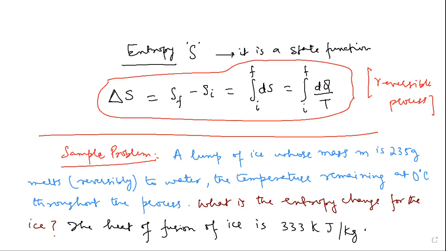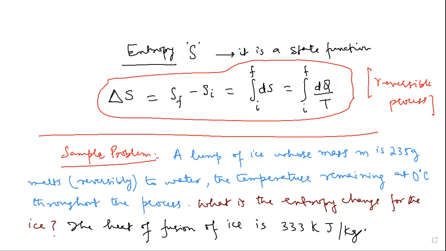I repeat the question. A lump of ice whose mass m is 235 grams melts reversibly to water. The temperature remaining 0 degrees Celsius throughout the process. What is the entropy change for the ice? The heat of fusion of ice is 333 kilojoule per kg.